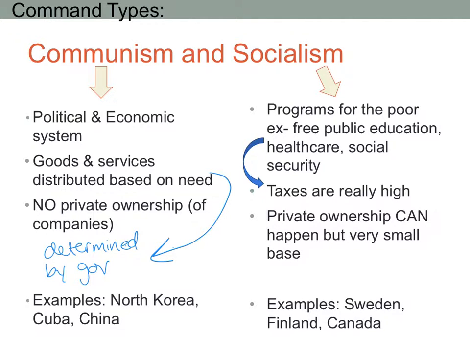Well, if the government has decided in your communist society that there's not a big enough need for Care Nows, you might not have a Care Now. And you might have to travel really far to get to a hospital or a doctor. Okay, so the government is deciding what goods and services the people need. It's not the people deciding what they need and doing it. It's the government telling them that.